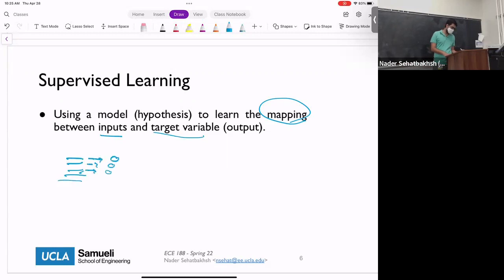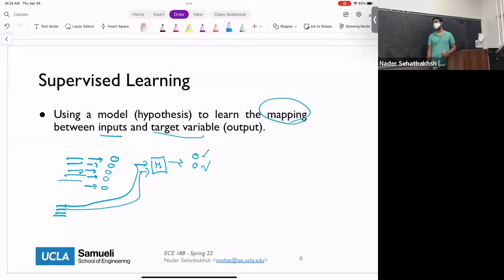That's usually what's called training data. And what we want is that we have some other records that we don't know the answer to, and hopefully, if our machine is modeled and trained well, we can feed these records to this machine, and it can generate the outputs that we want, and hopefully these are correct outputs, right? So that's the story of supervised learning.